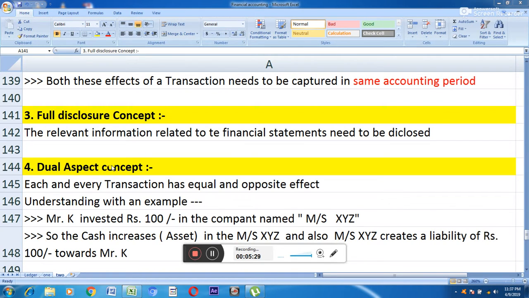Contingent liability. If you have watched my previous video, there I have explained what is contingent liability. So if you have some contingent liability which is not becoming the part of the financial statement, you have to disclose that one as a note at the last of the financial statement.